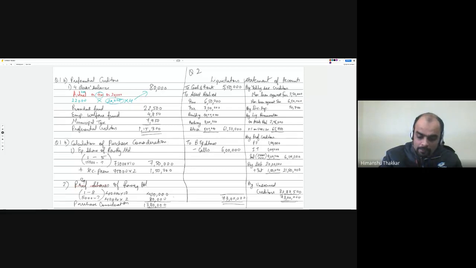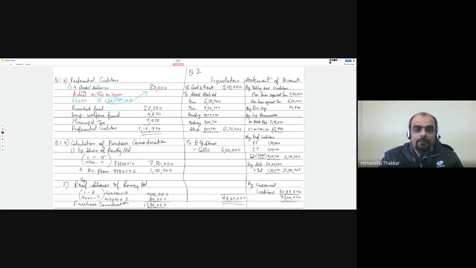Okay. So I go on to page number 17 on Jamboard. You can start solving this example. Question number 2, optional sum. Let us begin. Now here they've said there's a balance of rupees 1,90,000 with the liquidator after payment of all liabilities.